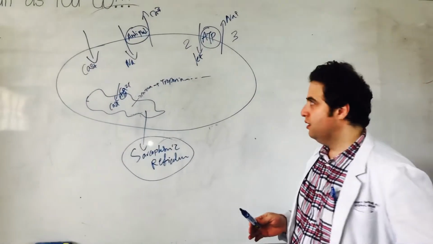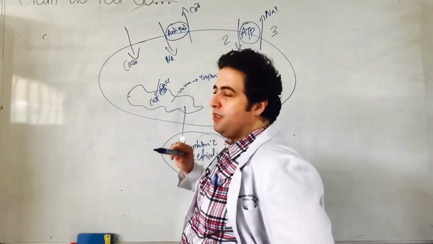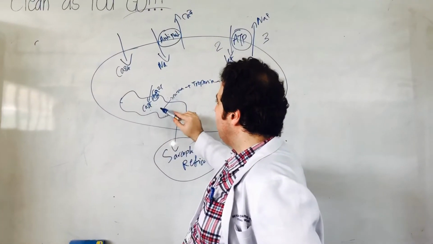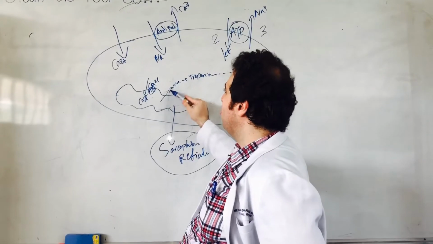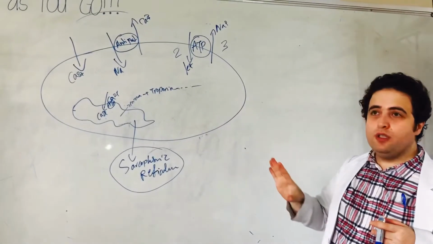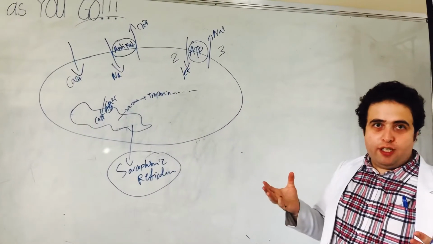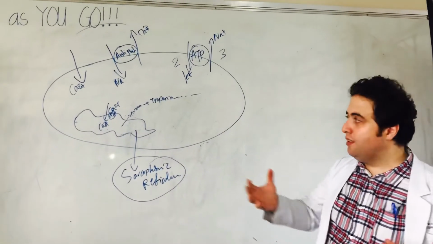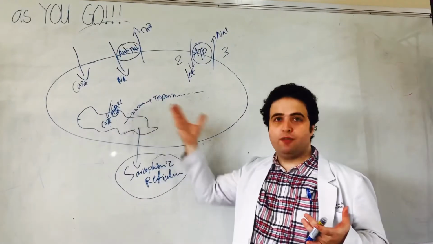Remember that. So what happens in the physiology? The calcium goes in, and the calcium of the sarcoplasmic reticulum will also go out. Actually, you should have knowledge about G proteins and how they work, to understand how this calcium will go out of the sarcoplasmic reticulum.